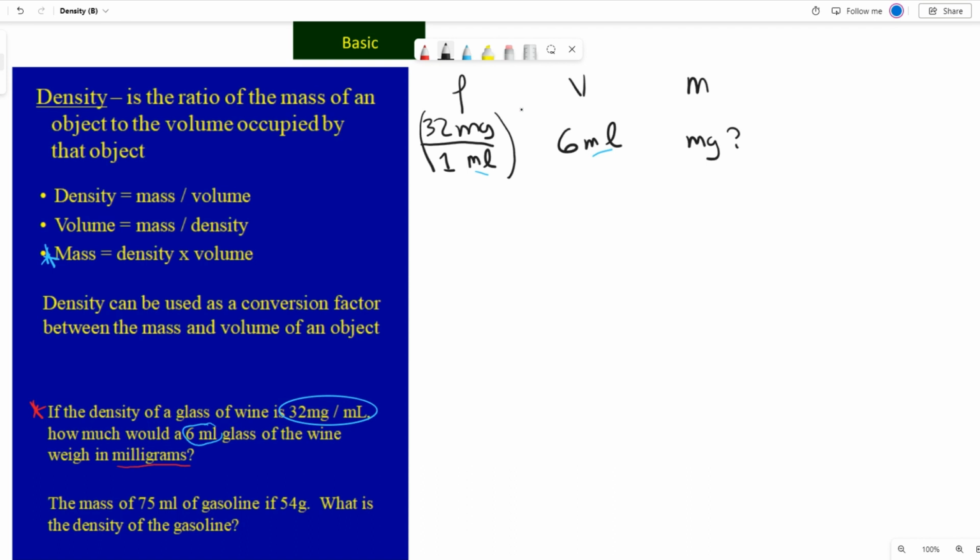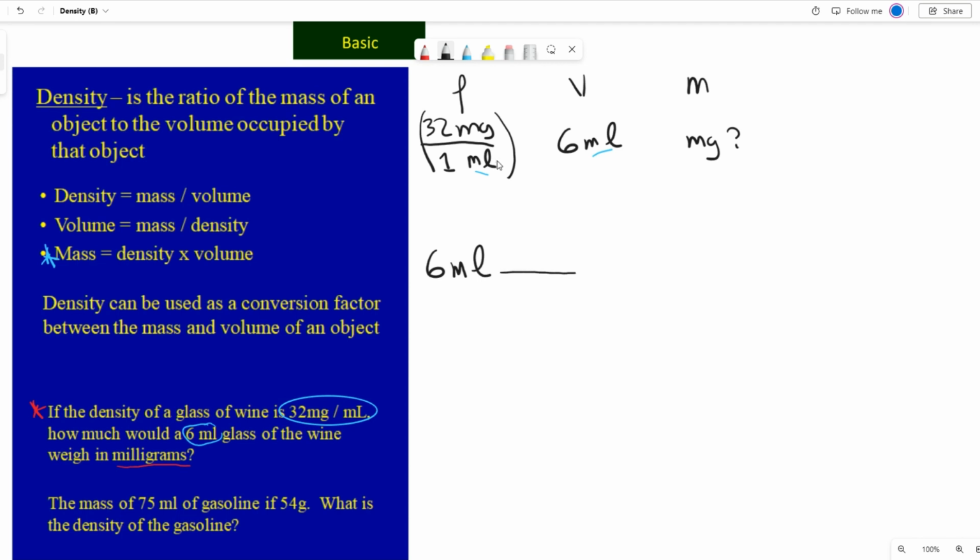Anytime you have a problem with two terms, like 6 milliliters and our 32 milligrams per milliliter, where one term has only one unit and the other has two units, write the term that only has one unit first, to the far left. So we'll write the 6 milliliters down first. The reason is that it forces you to work from left to right, which is the way that we normally write and read.